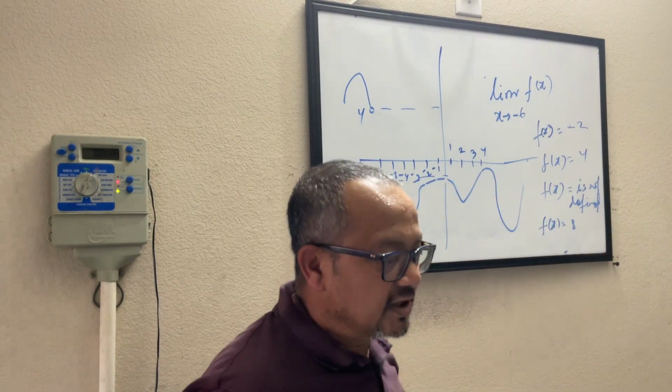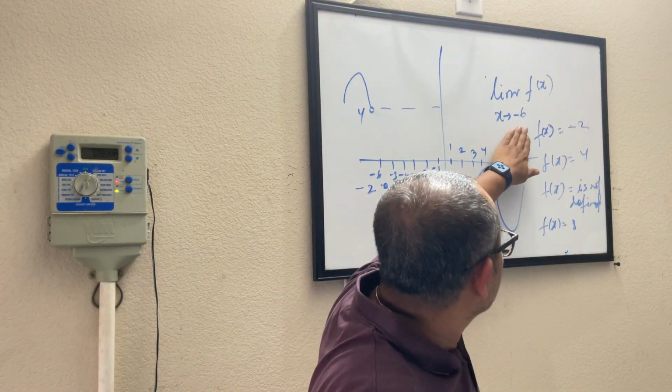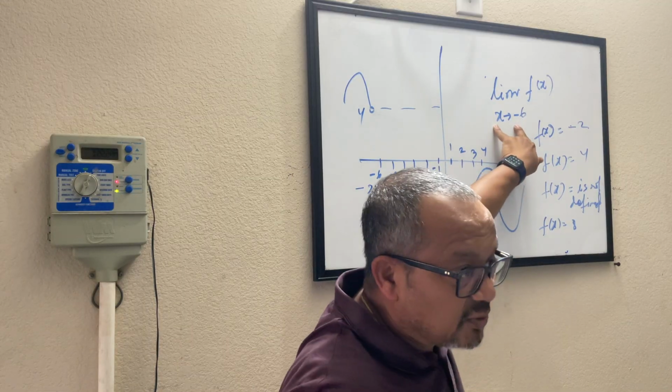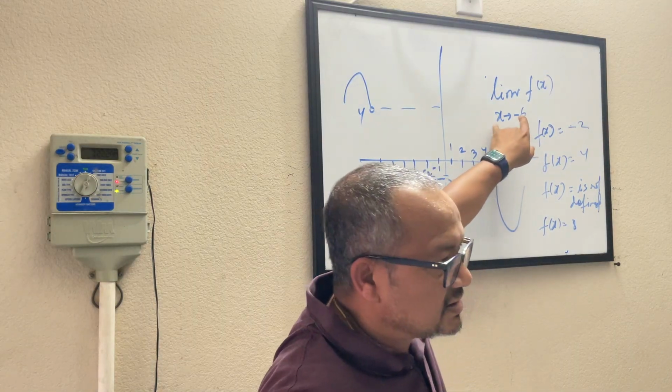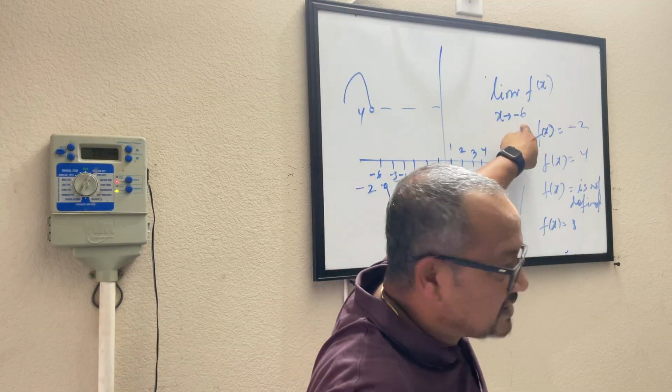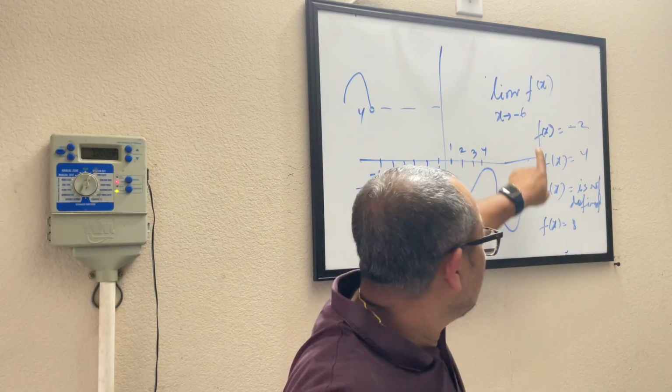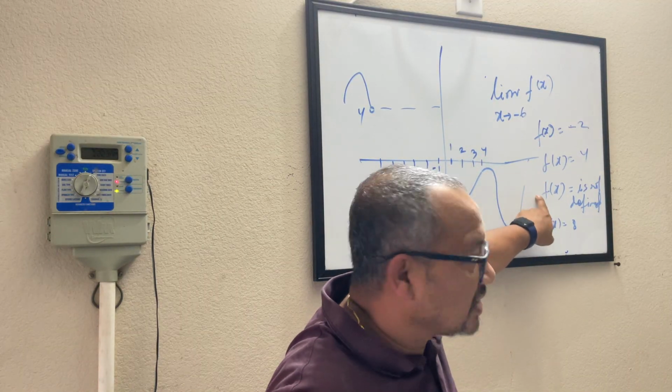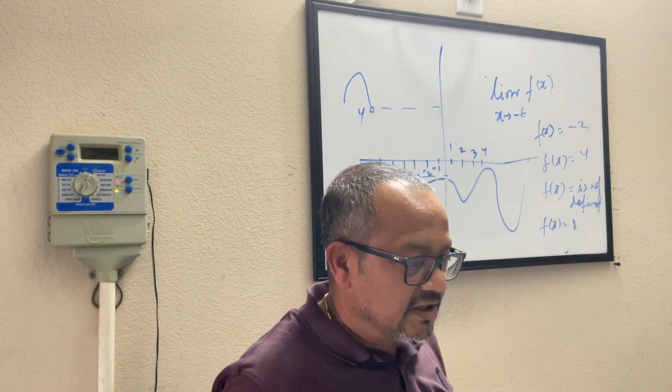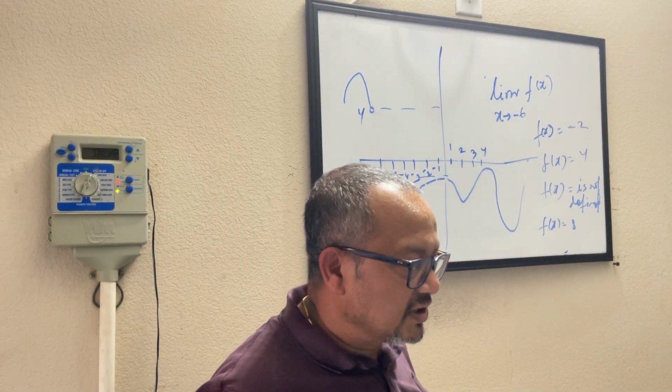These are 4 options you have. Reasonable estimate for x is approaching -6. Fx is -2, fx is 4, fx is not defined, or fx equal to 8. Which option you would lean towards?